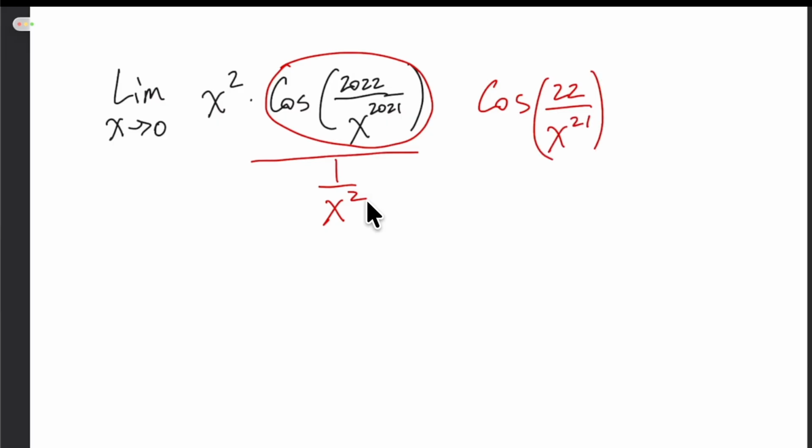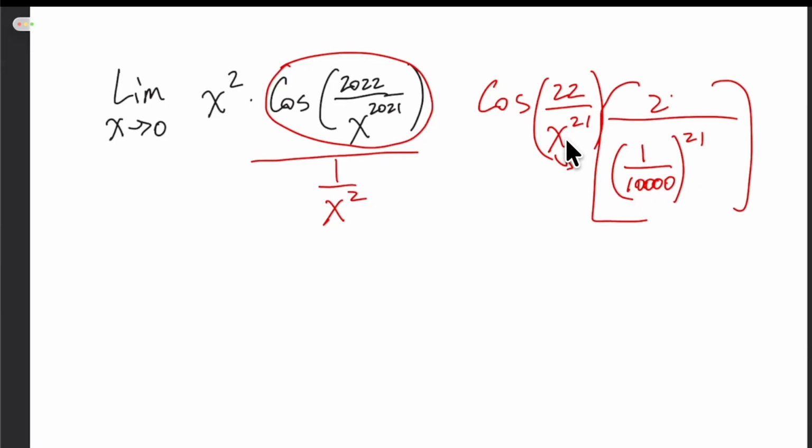So if we look at this as x approaches 0, and we think about x approaching 0 from either side, whether it's from the right or the left, we're going to be getting very small fractions here, like 1 millionth or 1/100,000th to the 21st power. So if we do look at the intuition of this, this is going to become very, very small, but when we flip it and do keep change flip, this is going to head towards infinity.